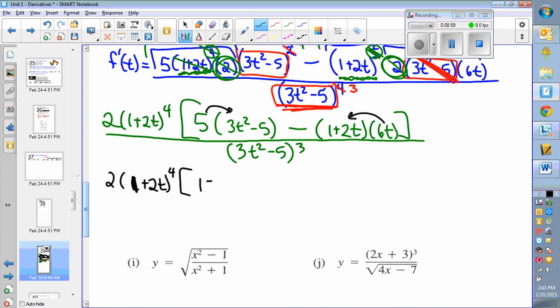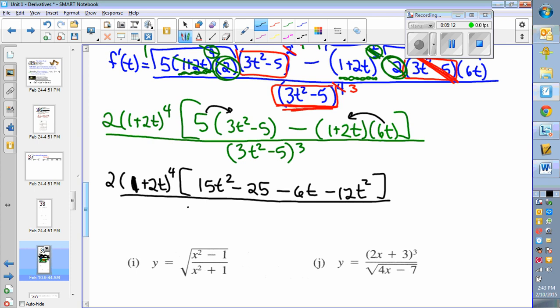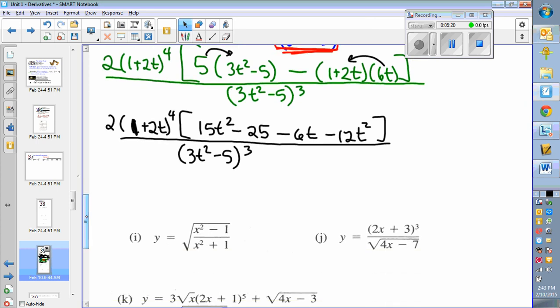Then you'll get 15t squared minus 25 minus 6t minus 12t squared. And the denominator remains unchanged throughout. One last line of simplification. We have, well, potentially one last line.